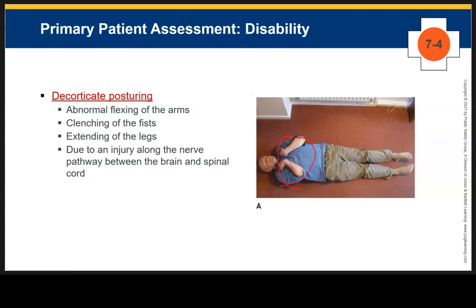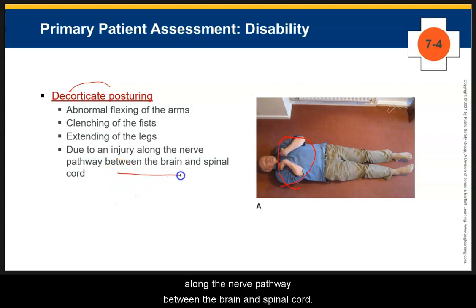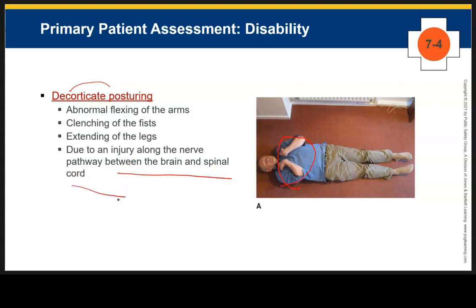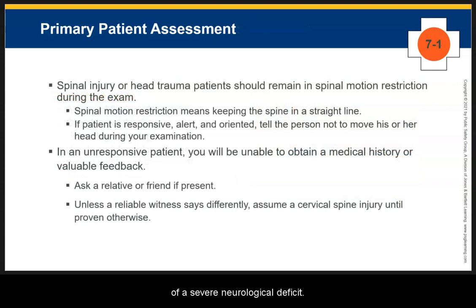They bring the arms into the body. We get clenching of the fists, and this is due to an injury along the nerve pathway between the brain and spinal cord. Either forms of posturing are very, very indicative of a severe neurological deficit.